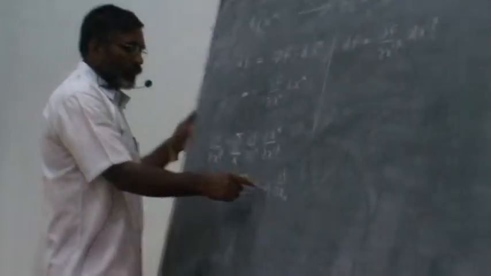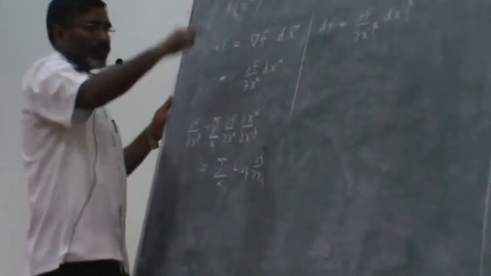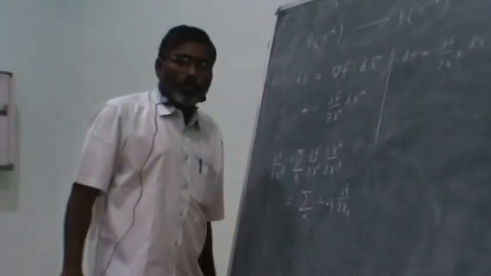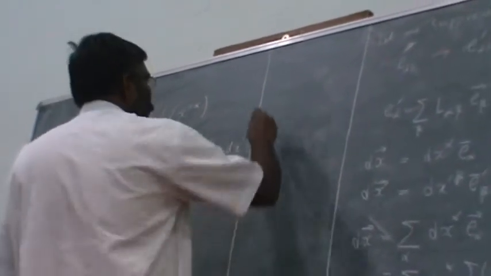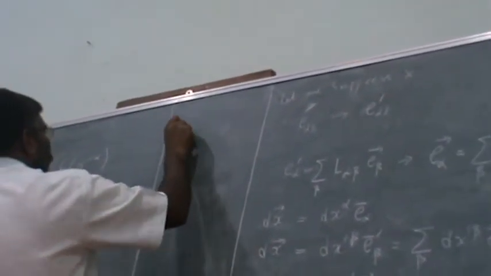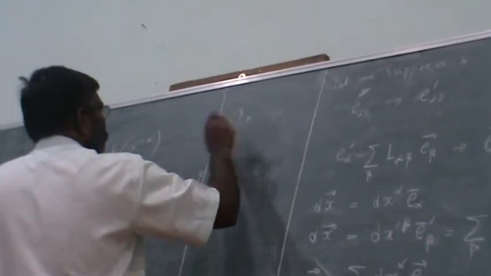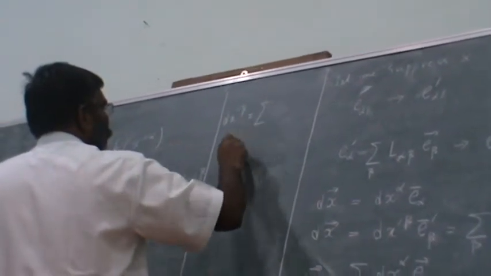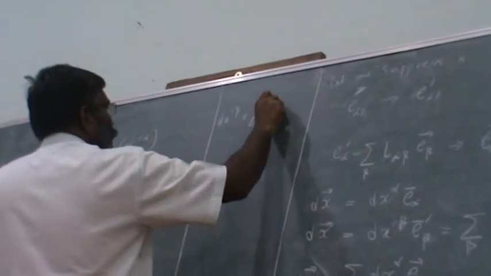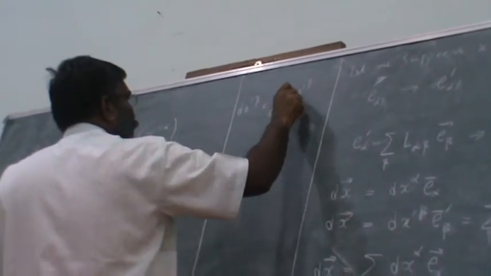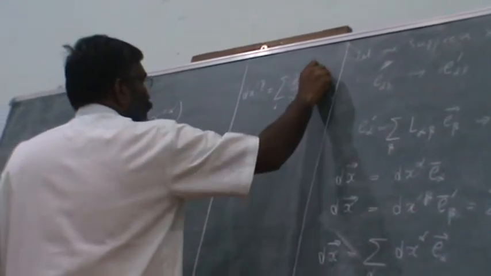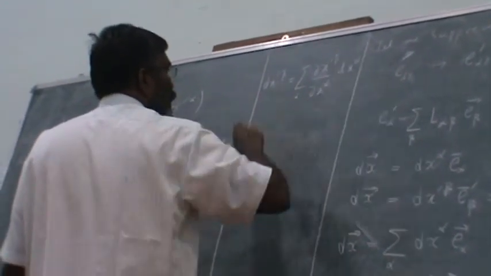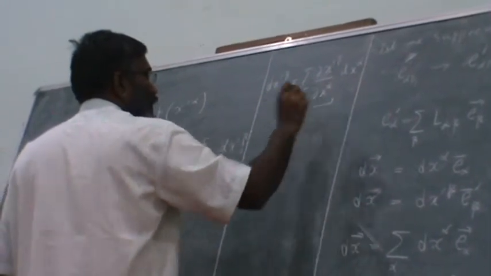What is the difference between this transformation matrix and the previous transformation matrix? Previous transformation matrix, remember, dx prime beta is written as sum over alpha dou x prime beta divided by dou x alpha into dx alpha. So this is the transformation matrix.